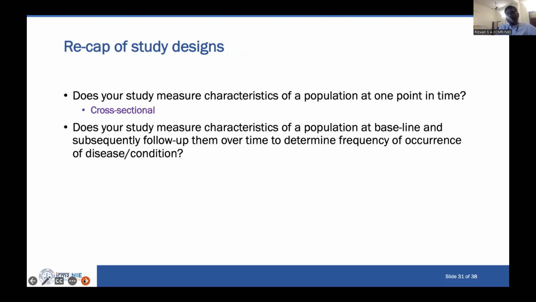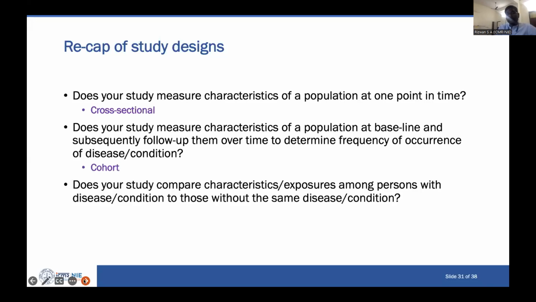Does your study measure characteristics of a population at baseline and subsequently follow them up over time to determine the occurrence of a disease or outcome? Then it is a cohort study. Does your study compare characteristics or exposures among persons with the disease to those without the same disease? Then it is a case control study. So I'll just pause here for a few seconds for you to take it in.